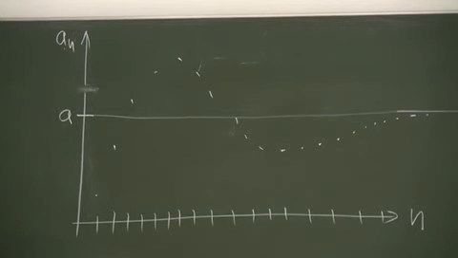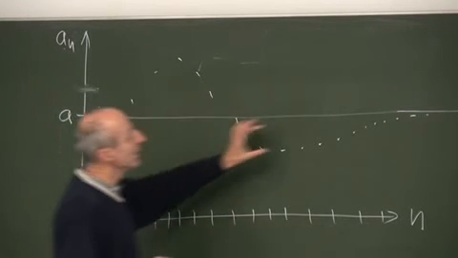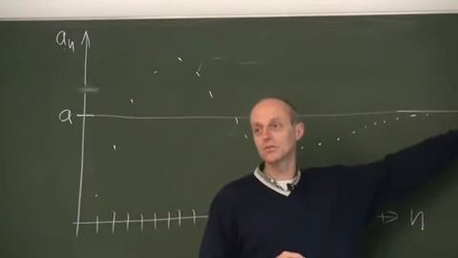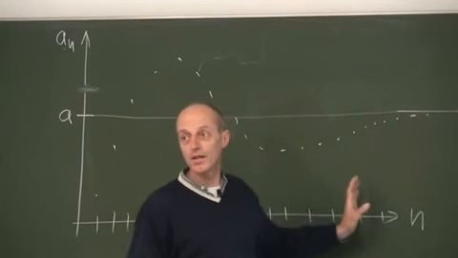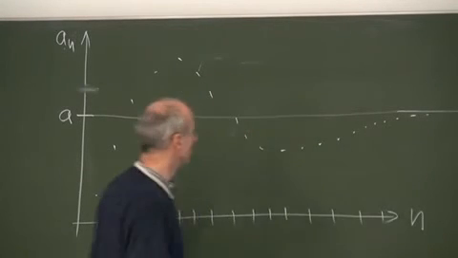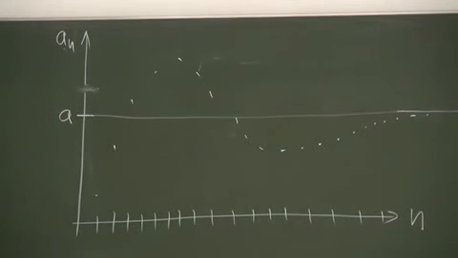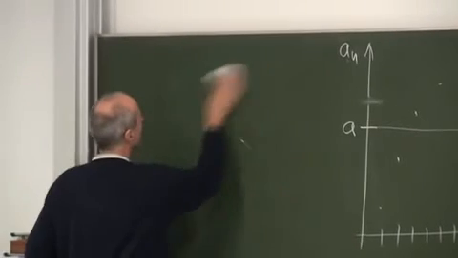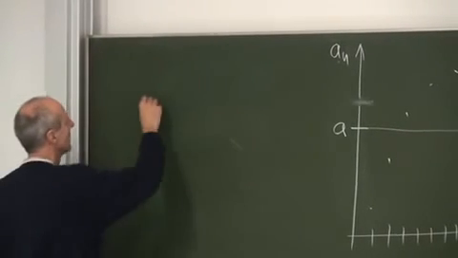Okay? And now, intuitively, what would you understand if I say the sequence converges to the limit a? Of course, you would say it comes closer and closer to this value a for n towards infinity. So if I had asked you to write a formula, maybe you would have written the following, which is quite nice actually.